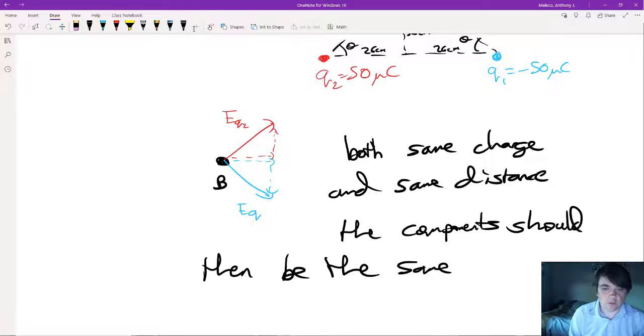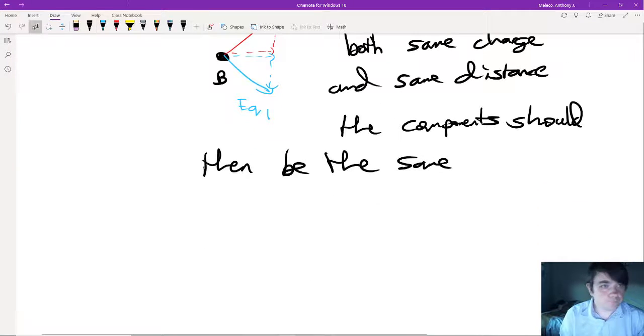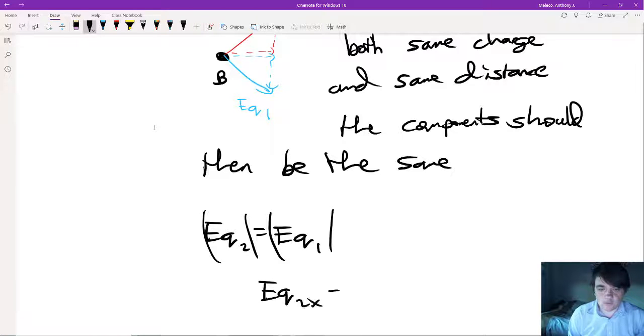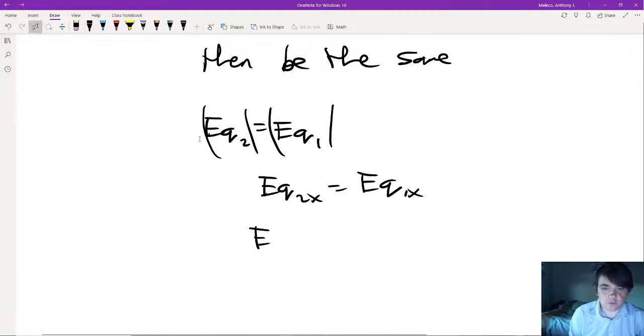Sorry, let me just do that. Okay, so this means that EQ2 equals EQ1, the magnitude, is the same. EQ2x equals EQ1x. And the y's are also true.